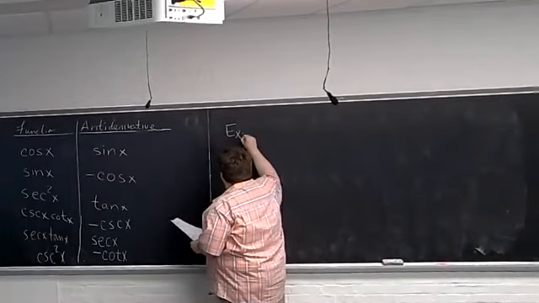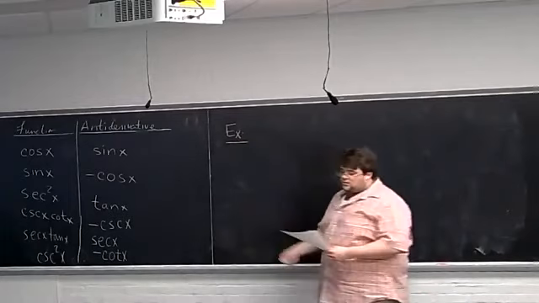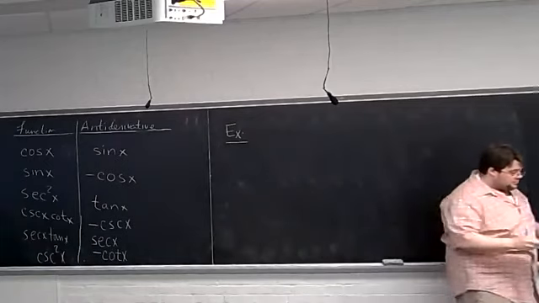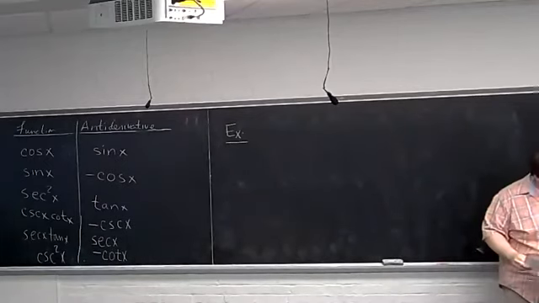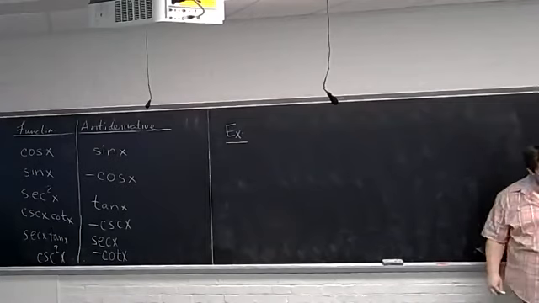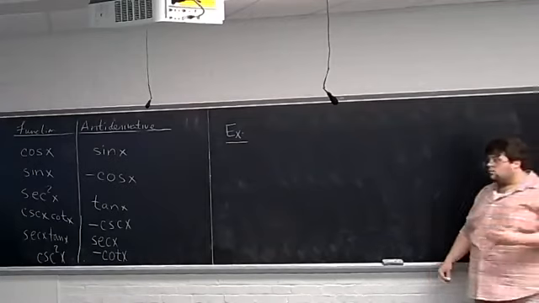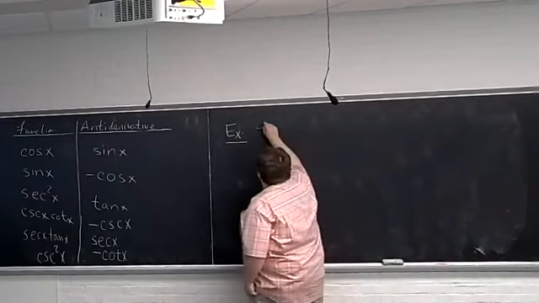Just like with derivatives, you can do these piece by piece, meaning if there are a bunch of functions added together, you can go through one by one. Let's just do this one example.